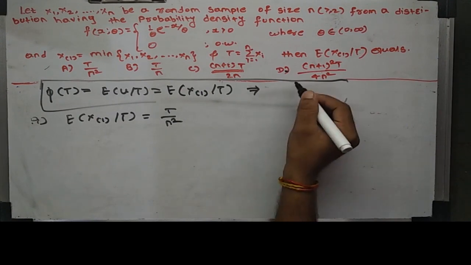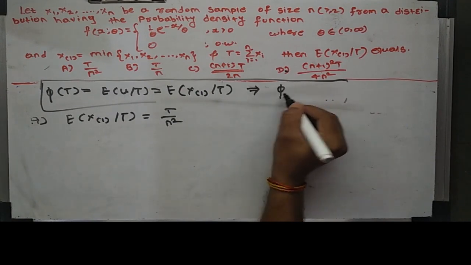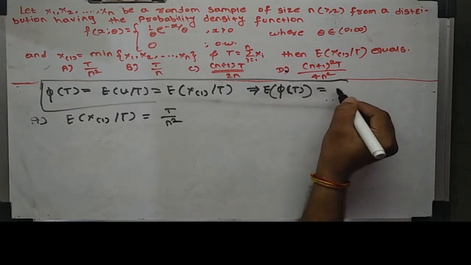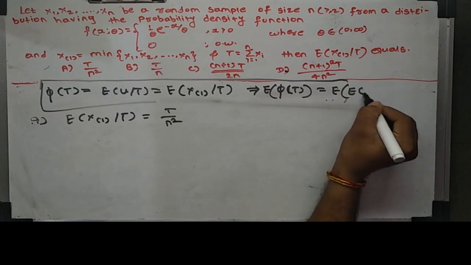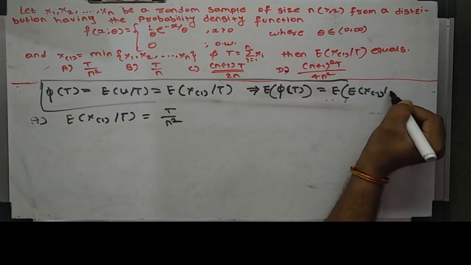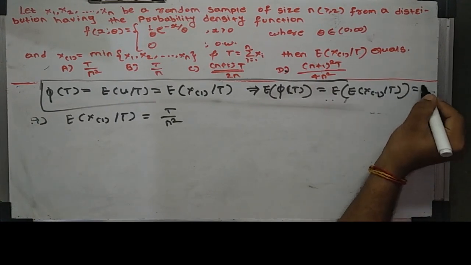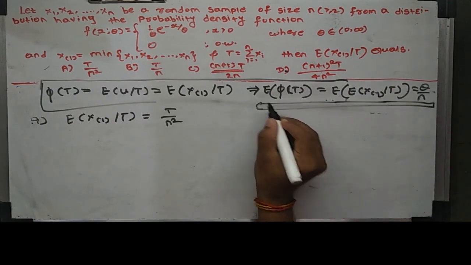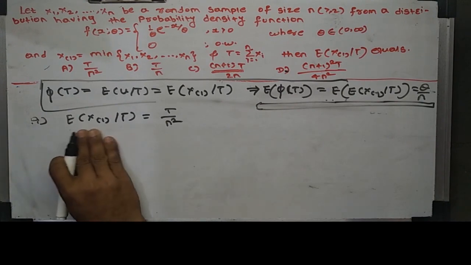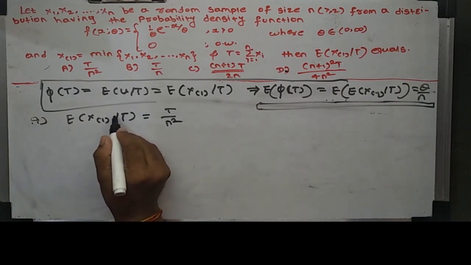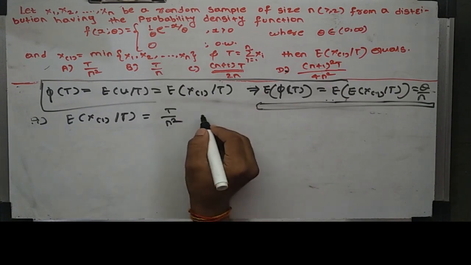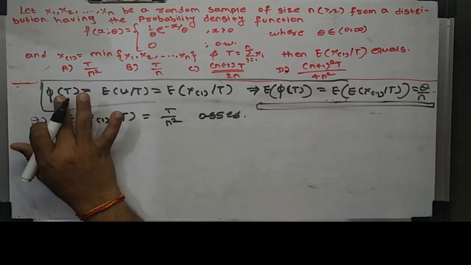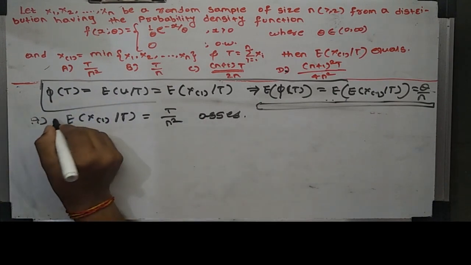This implies, by the Rao-Blackwell theorem, expectation of phi of t, that is equal to expectation of x of order 1 given t, is equal to theta by n. This is from the statement of the Rao-Blackwell theorem. Here expectation of x of order 1 given t is assumed equal to t by n square, so phi t is this.